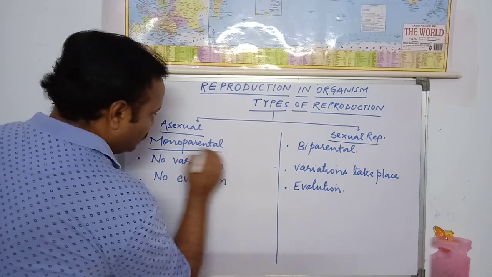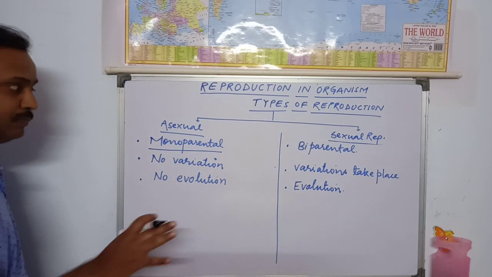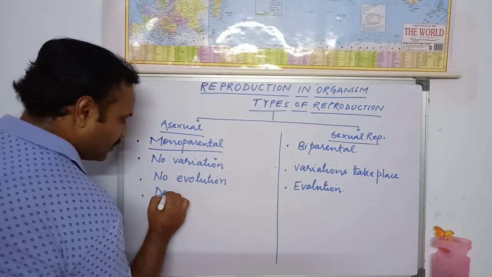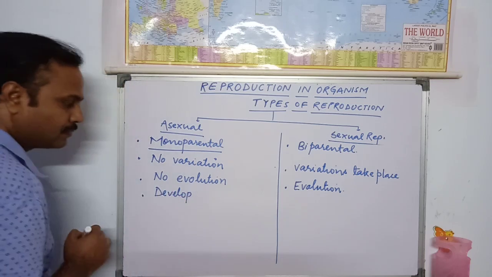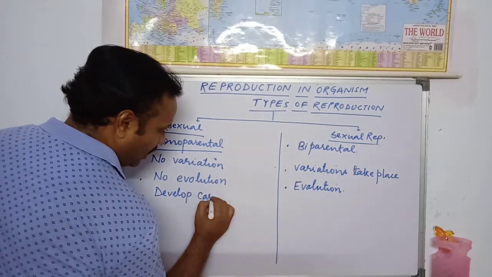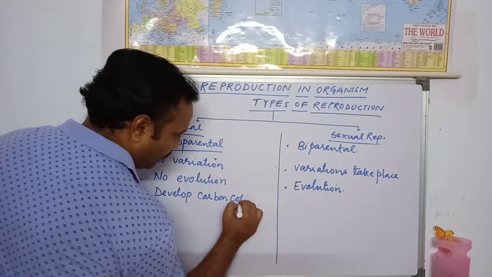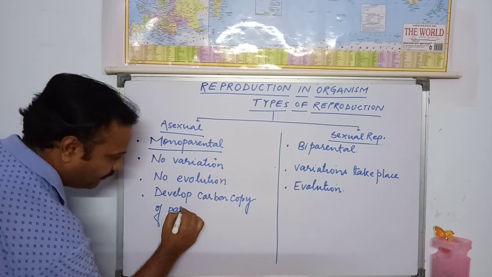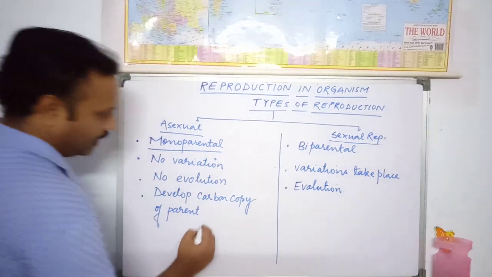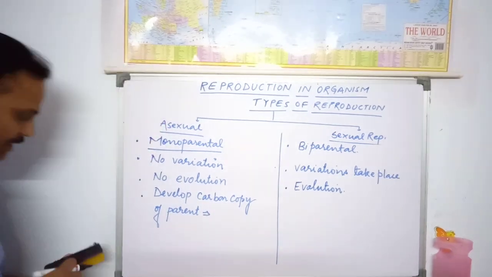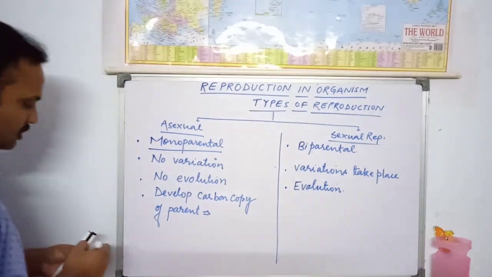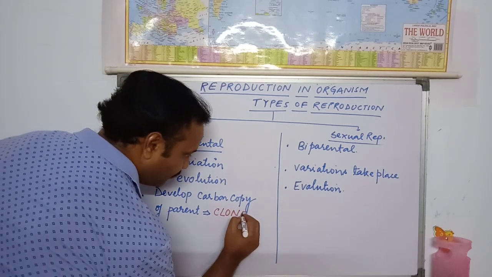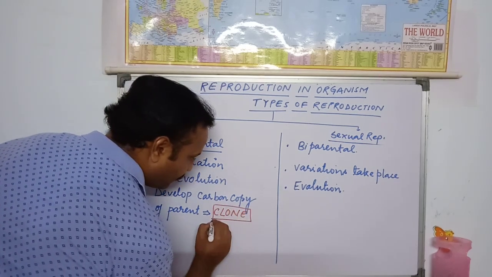If they are monoparental, that means they will develop a carbon copy of the parent, and that carbon copy of the parent is called a clone, right?